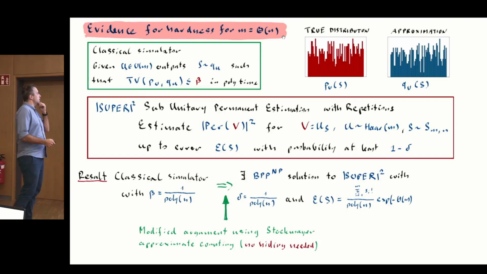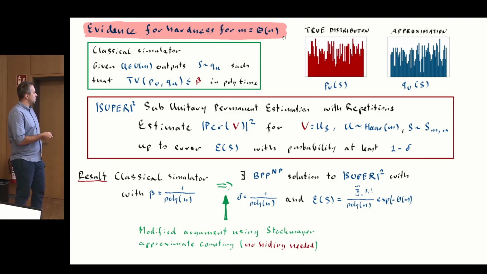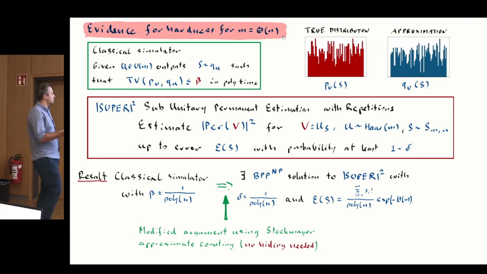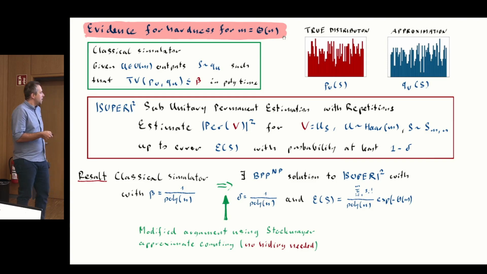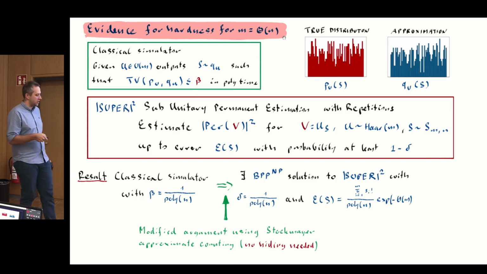And it arises just from the assumption that you have a classical simulation algorithm with, say, inverse polynomial precision beta. You can apply this reduction based on Stockmeyer approximate counting algorithm, but crucially we don't need hiding, because different outputs are not equivalent.